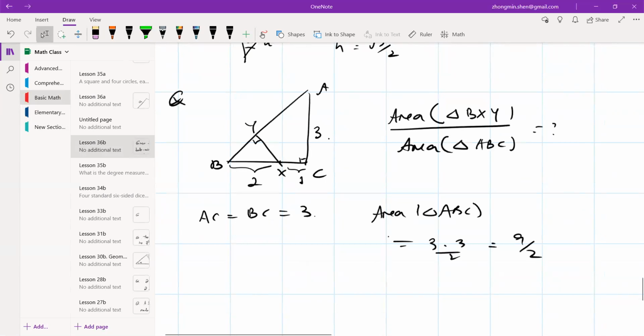Joshua? Hmm? Any ideas? Wait. Emma? Emma?